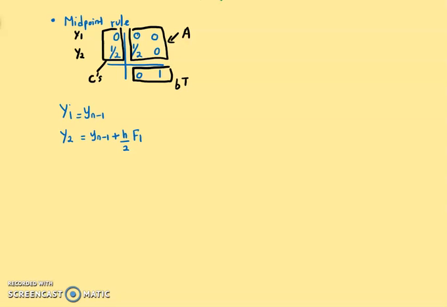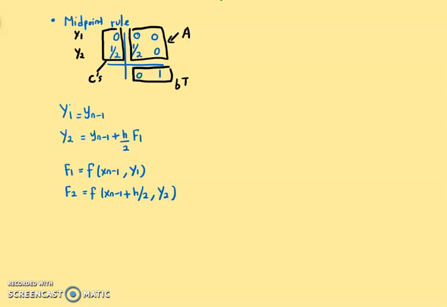Now what is f1? My f1 is f of xn minus 1, Y1, and my f2 will be f of xn minus 1 plus h over 2, Y2. Which is good.